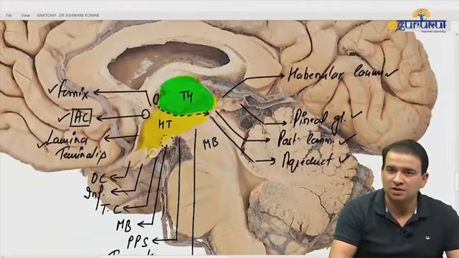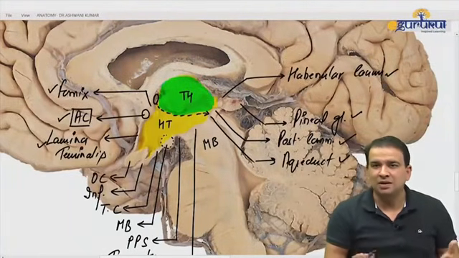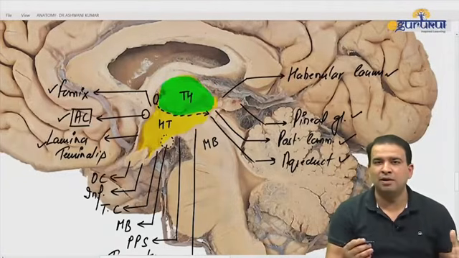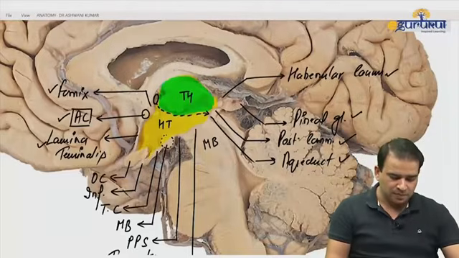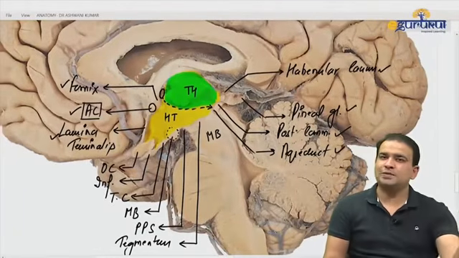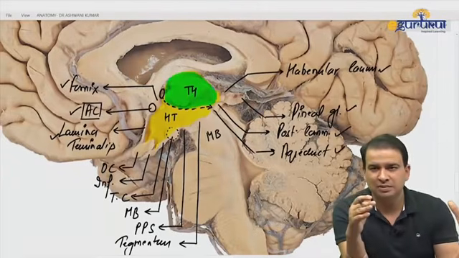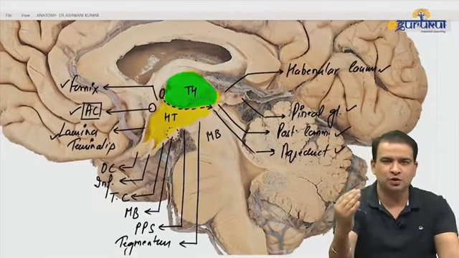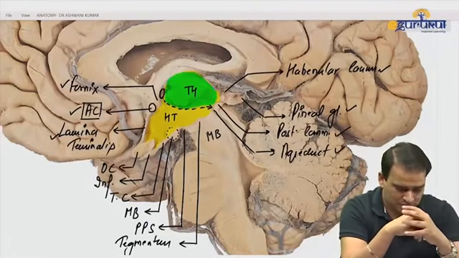In fact, all the structures that you saw in the floor are the extension of hypothalamus only. Be it infundibulum or tuber cinereum or mammillary bodies, they are extensions or parts of the hypothalamus itself. And roof, as we already discussed, roof is by what? It is by the pia mater stretching between the two thalami, or you can say the choroid plexus that you saw projecting from the lateral ventricle into the third.